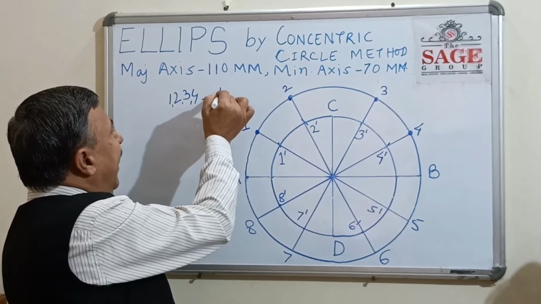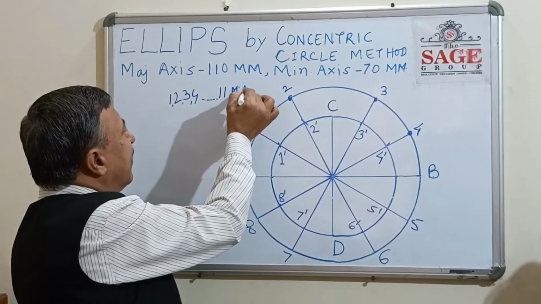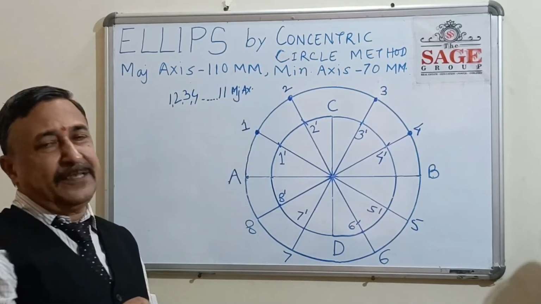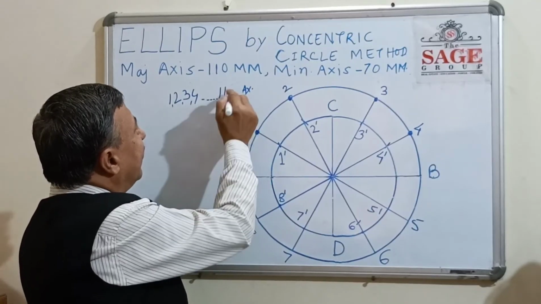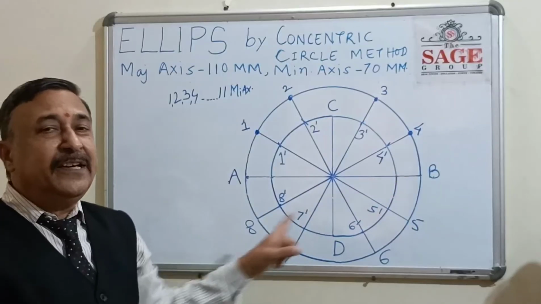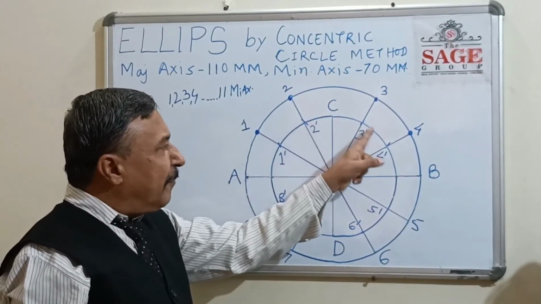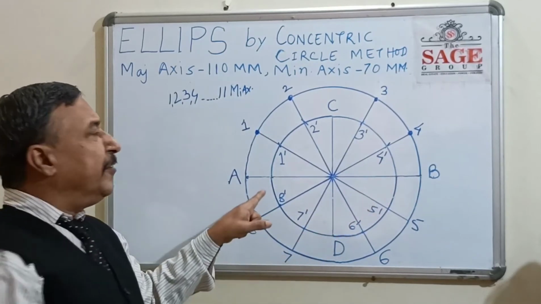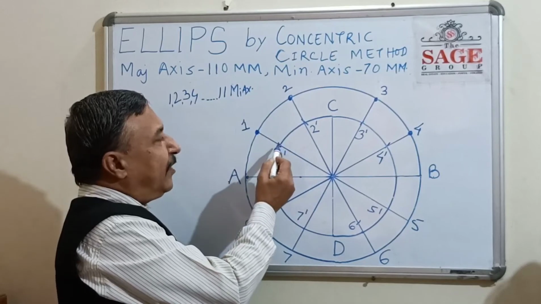points parallel to the minor axis, sorry, because these points are on the major axis concentric circle. Just like this, the points on the minor axis concentric circle, we have to draw lines parallel to the major axis, that is horizontal.